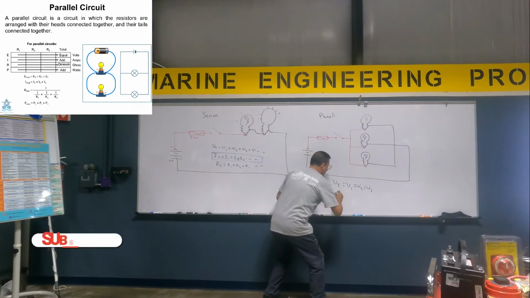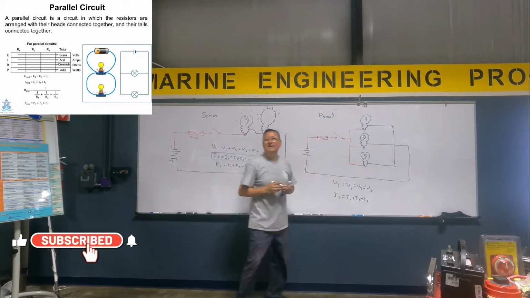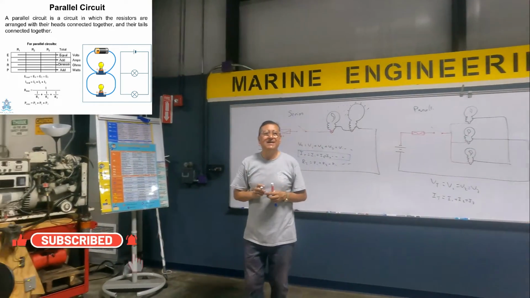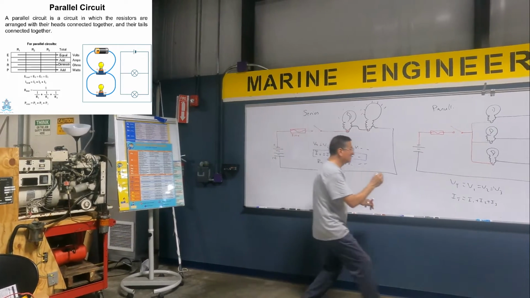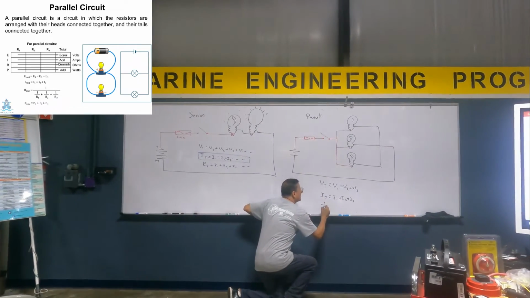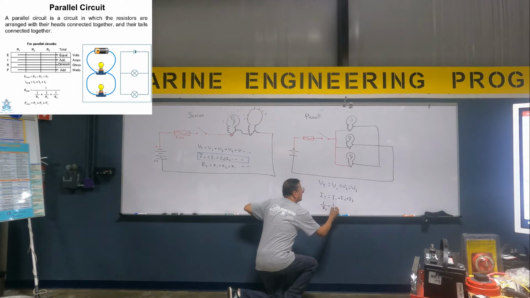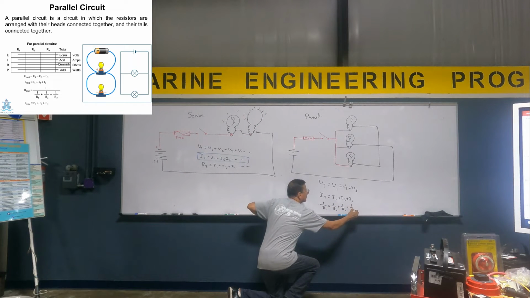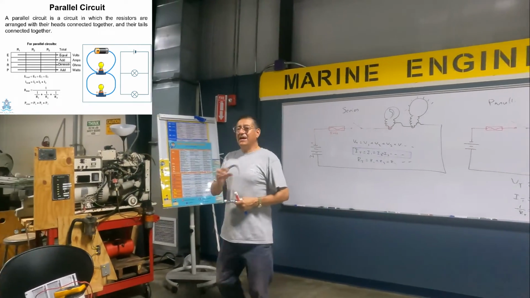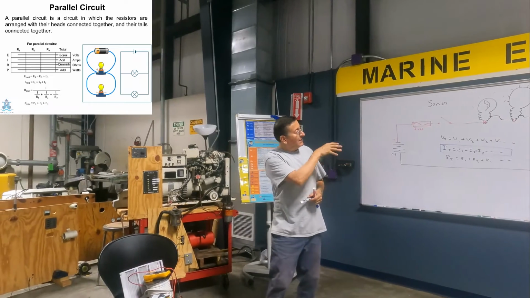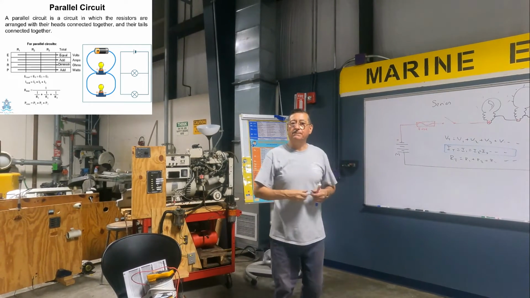Now the tricky part: what about the resistance in parallel? 1 divided by the total resistance is equal to 1 divided by R1 plus 1 divided by R2 plus 1 divided by R3. I'm going to demonstrate what happens with the resistance in parallel.